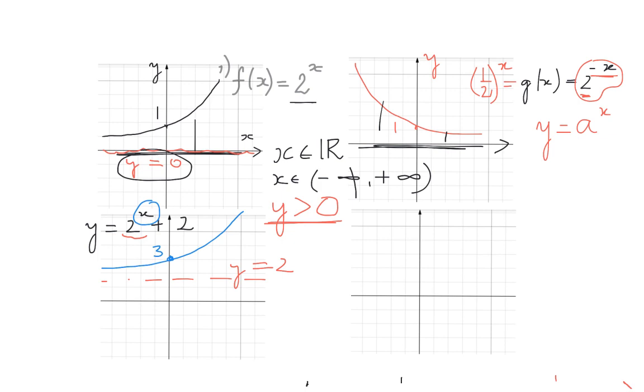Very often, and we have that in the exams, we see that our function is actually given to us as minus 2 to the x plus 2. And that is when you have to think about what's happening to this function. What's the base of this function? The base of this function remains 2.